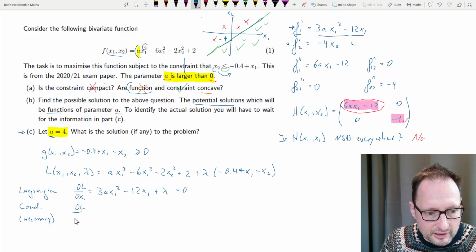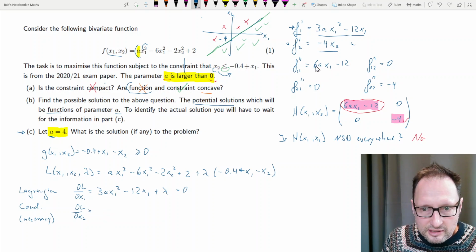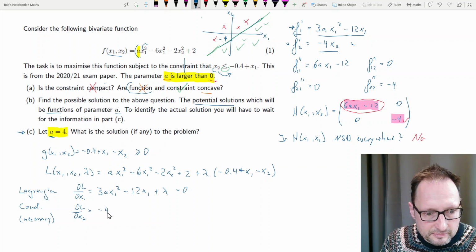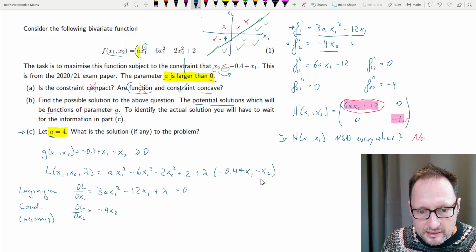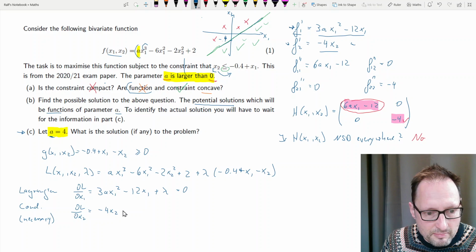Then we're having the partial derivative of our Lagrangian with respect to x2. It's negative 4x2. And then we have the x2 here, and we have a negative, so it's minus lambda. That has to be equal to 0.